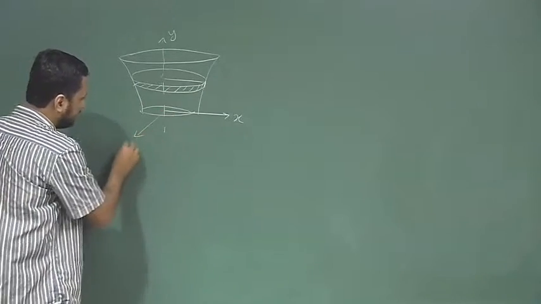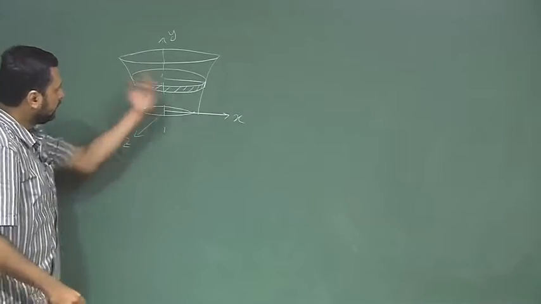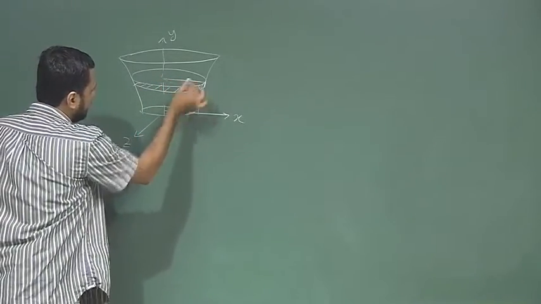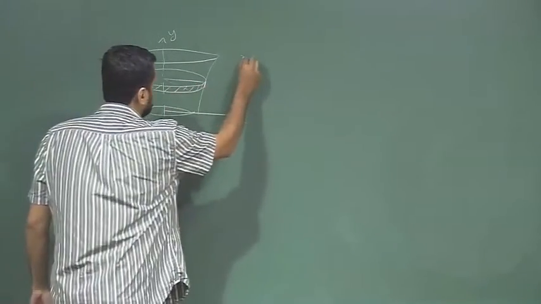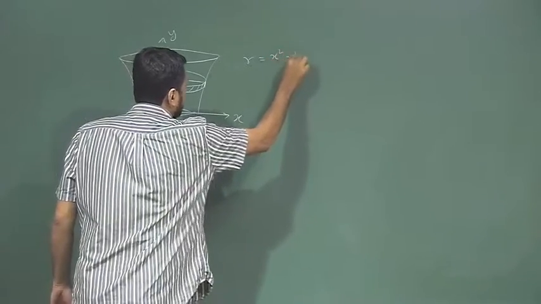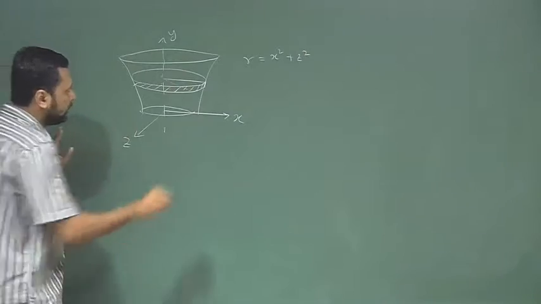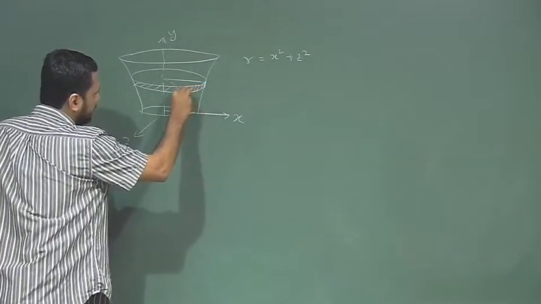There is an axis here, we can call it the z axis. Okay. So, if we take any arbitrary radius at any arbitrary orientation, the radius will be given by r equal to root of x square plus z square. So, we need to find out the surface of this strip.